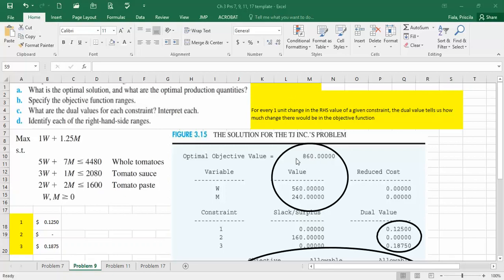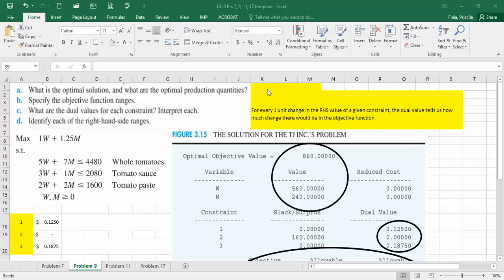Therefore, this is a dollar amount. And if you remember from problem 7, once you have this as a dollar amount, you also have your dual values as dollar amounts. So right here, these are cents: 12.5 cents, 0 cents, and 18.75 cents. Okay, so we're talking here about money.